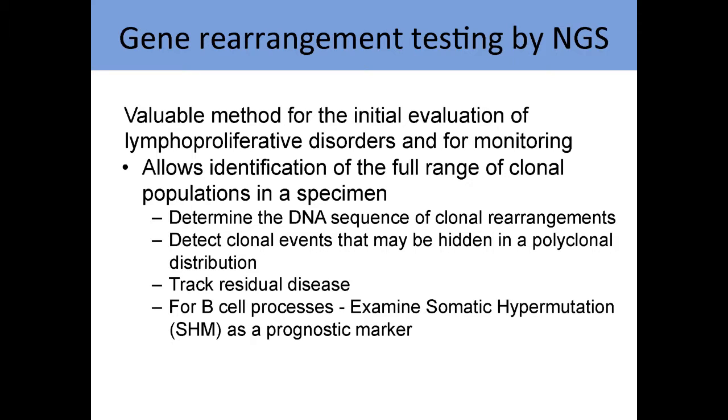It determines the DNA sequence of that clonal rearrangement, and then it detects clonal events that may be hidden in a polyclonal distribution that you cannot possibly do with a fragment analysis. You can also track residual disease, and for the B-cell processes, you can examine the somatic hypermutation as a prognostic marker, which we would do for CLL, and now there is emerging evidence in hairy cell leukemia as well.